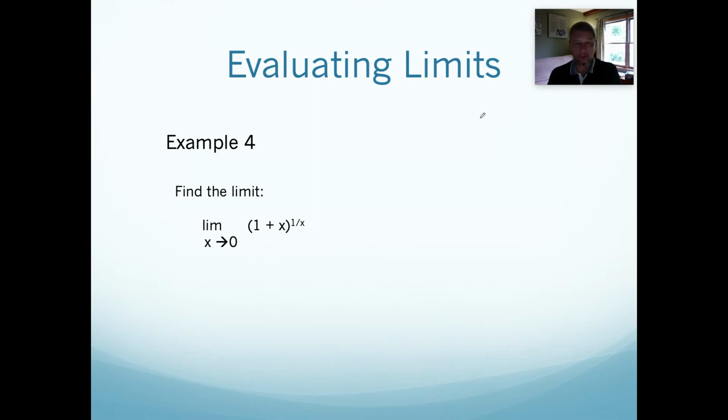But if you don't recognize this off the top of your head anyway, let's go through and find the limit here. All right, the limit as x approaches 0 of the quantity 1 plus x all to the 1 over x power. All right.